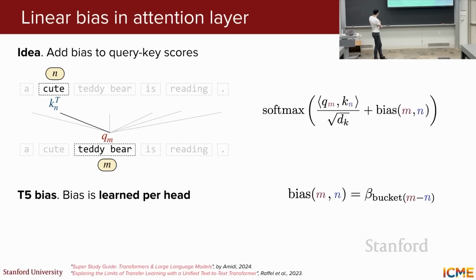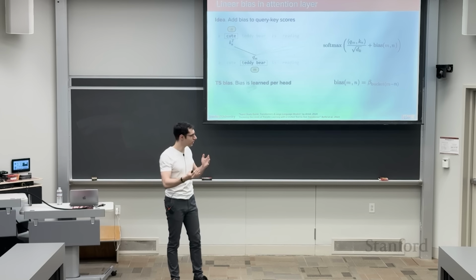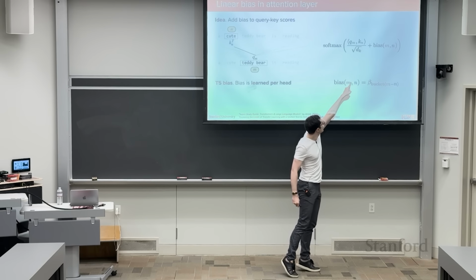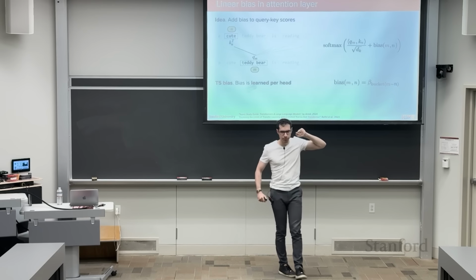So there's a few methods that have tried to have some variation of that. For those of us who know the T5 paper, which we're going to see a little bit later, they have tried this kind of relative position bias by learning the bias term, which is in the formula above.